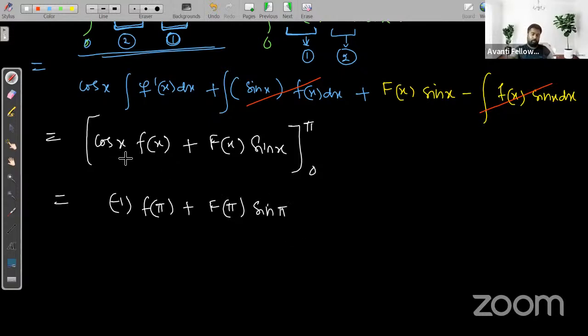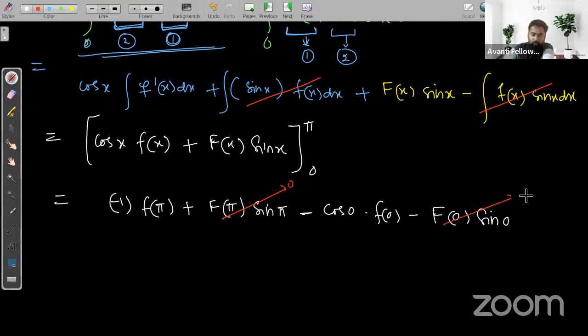And when we put the lower limit, cos 0 is 1, so cos 0 into f of 0 minus capital F of 0 into sin 0. So these two will be 0, sin pi is 0, this is also 0.